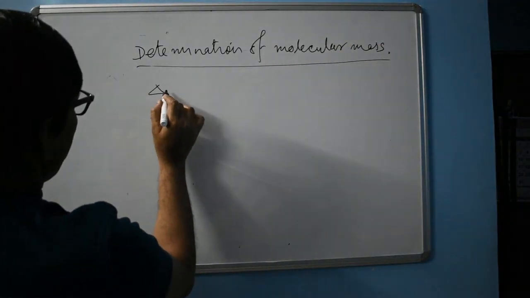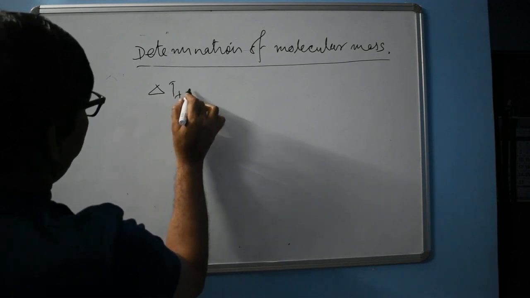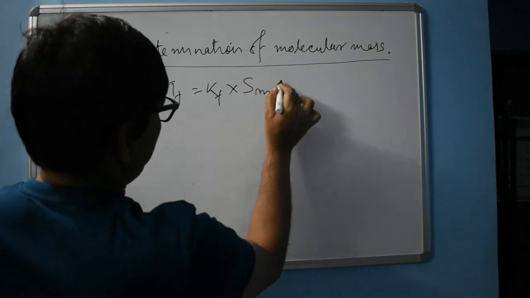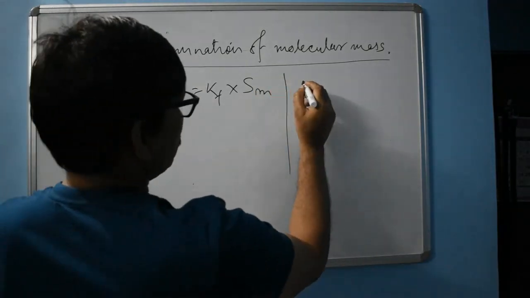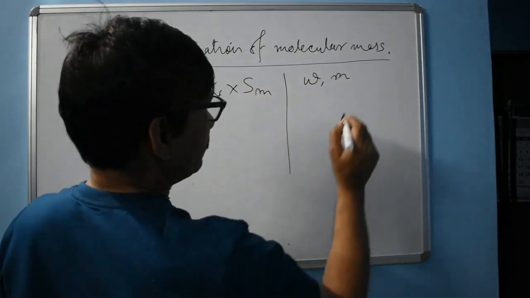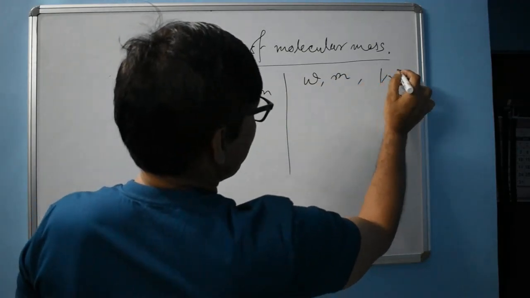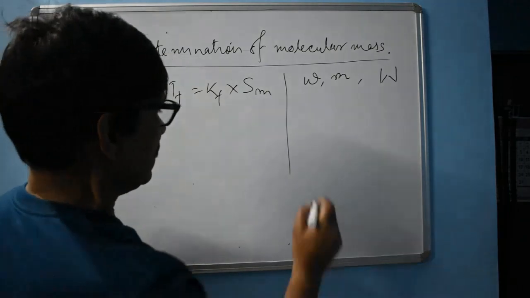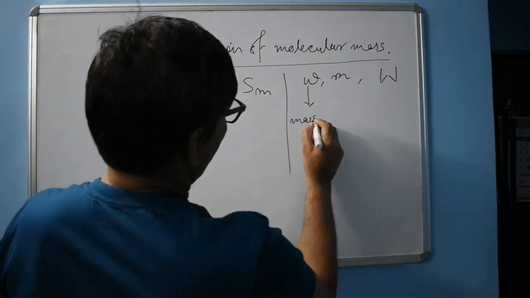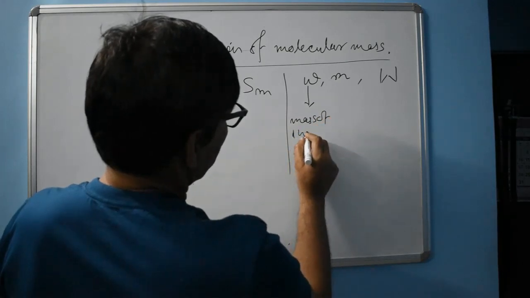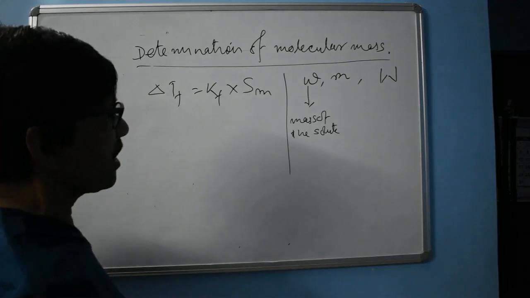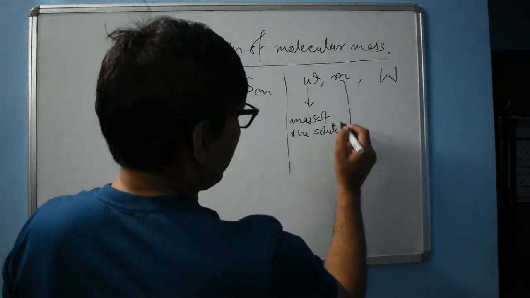We have delta Tf is equal to Kf into strength in molality. Now if small w gram of solute of molecular mass m is dissolved in capital W gram of the solvent. So small w is the mass of the solute, the unknown solute whose molecular mass is to be determined.